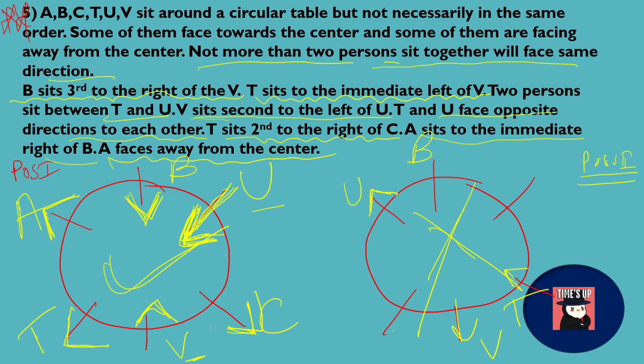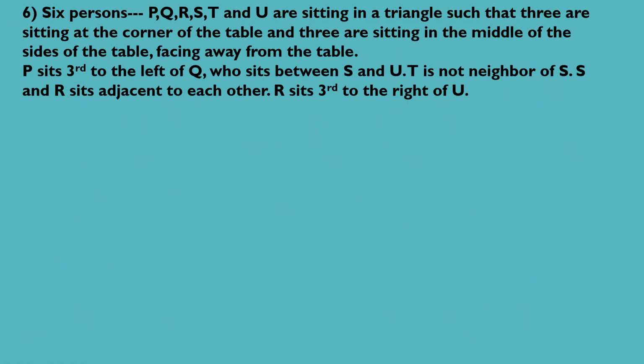Sixth question on your screen and your time starts now. 6 persons are sitting in a triangle such that 3 are sitting at the corners of the table and 3 are sitting in the middle of the sides of the table, facing away from the table.